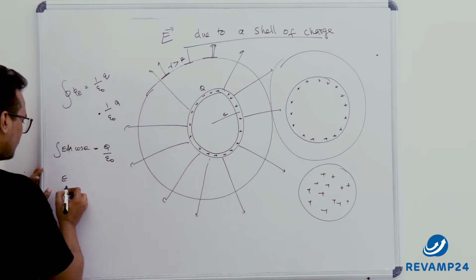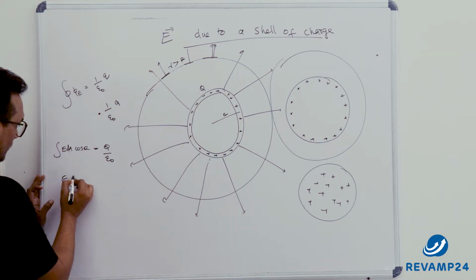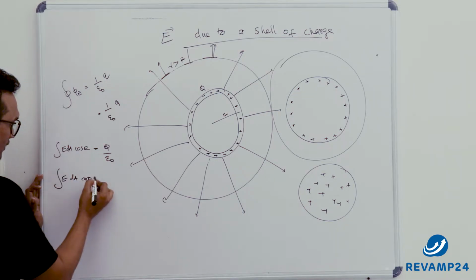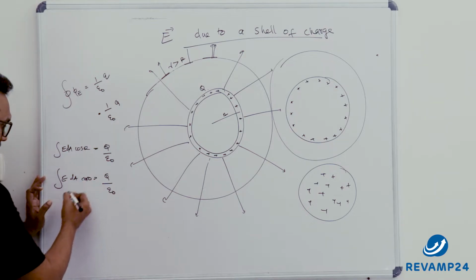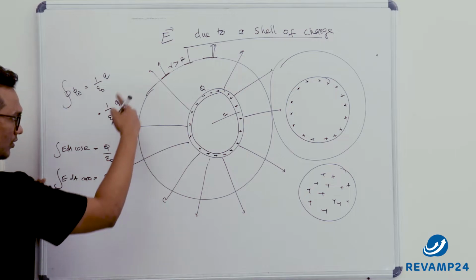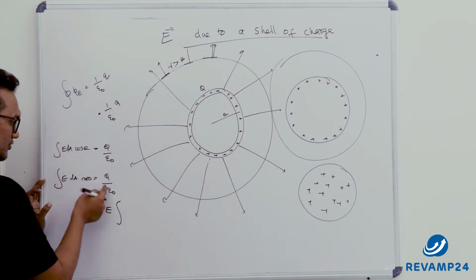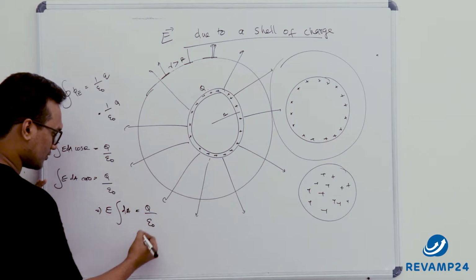So cos 0 is 1. So E into integral dA into cos 0 is equal to Q by epsilon 0. E is constant everywhere, so E can be taken out, cos 0 is 1, integral dA is equal to Q by epsilon 0.